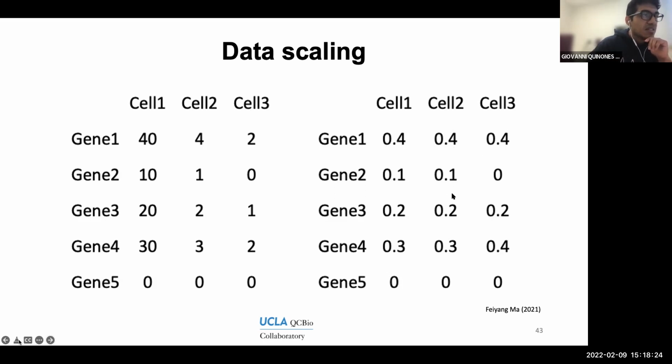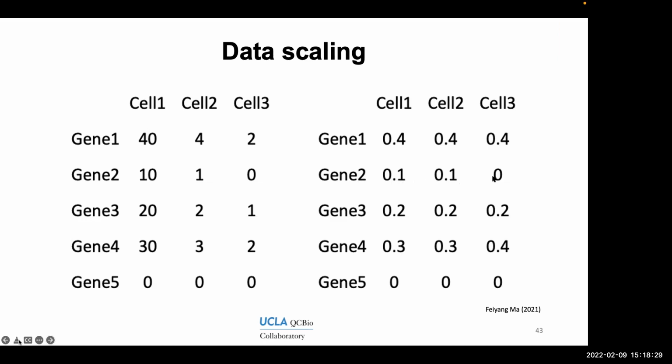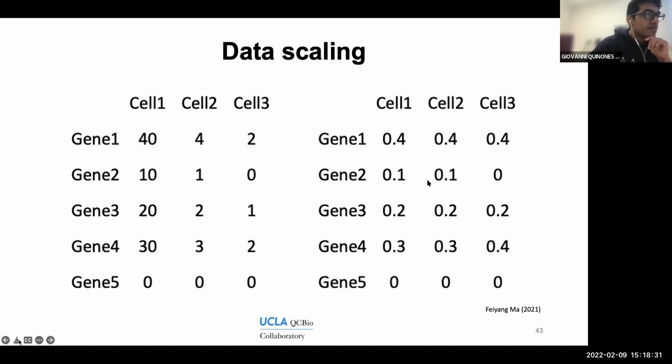Gene 2 has 0.1, 0.1, and 0, so it is going to have a bigger variance, probably 0.06 or something like that. So the variance for gene 2 is already different from the variance for gene 1. When you perform scaling, you're also trying to make sure the variance is uniform across the different genes.